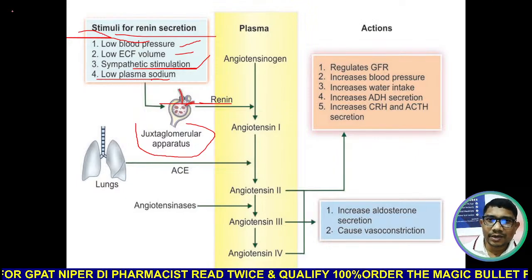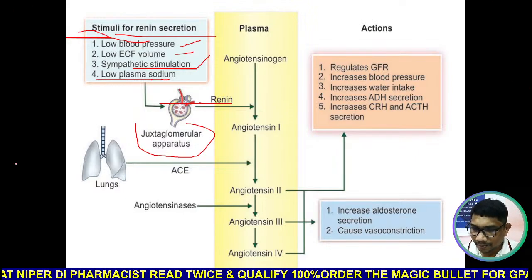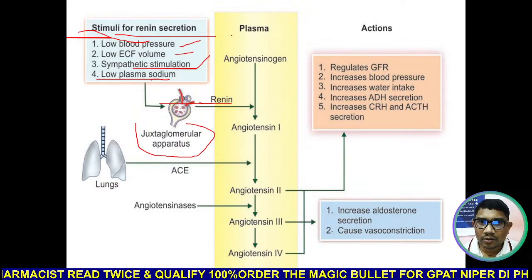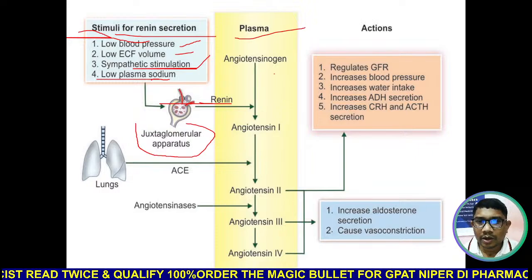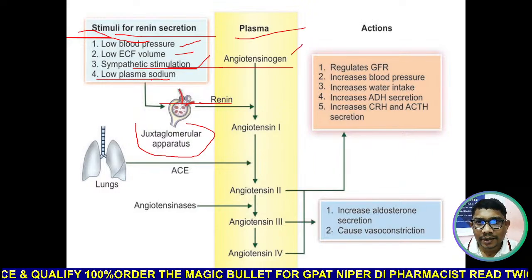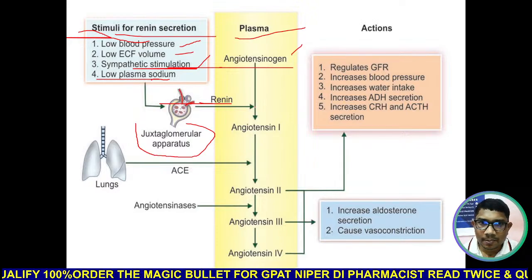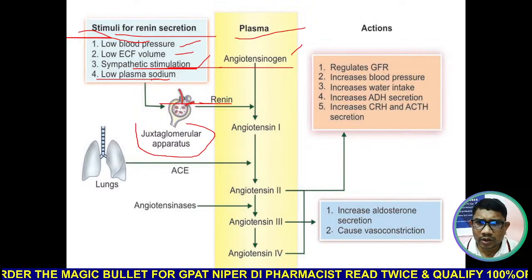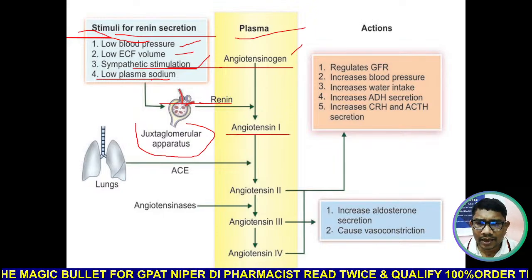In your plasma, in your blood, you have angiotensinogen. What is that? It is an inactive glycopeptide. Renin will convert angiotensinogen to angiotensin 1, because renin is a proteolytic enzyme.